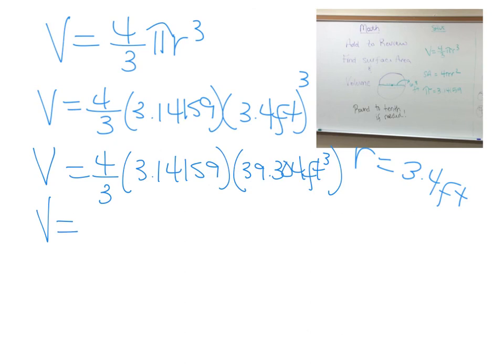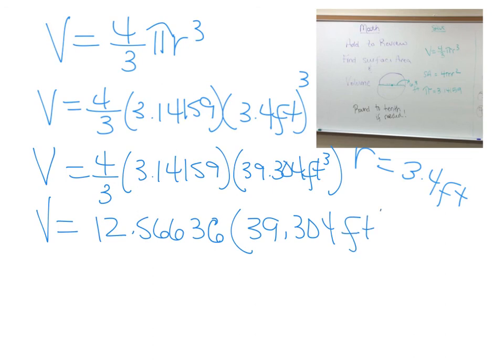So volume equals, now I'm going to take 4 times 3.14159 first. That gives me 12.56636 times 39.304 feet cubed. I haven't done anything with the divided by 3 yet. So volume equals, I'm going to take 12.56636 times 39.304.